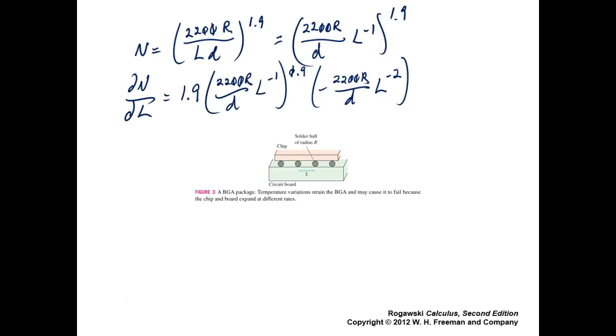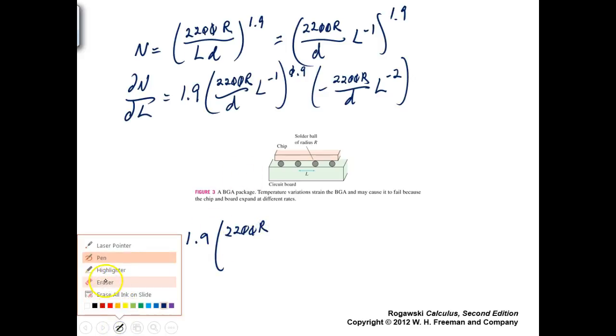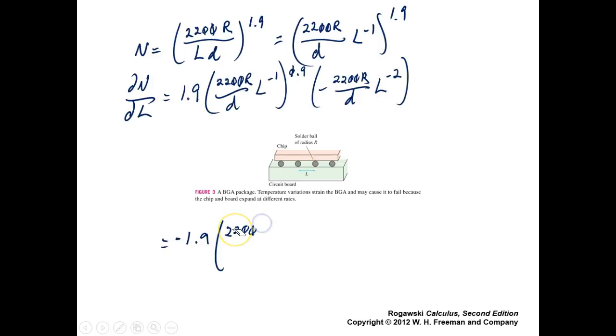All right, now, I don't know if you like this or not, but let's do it this way. I'm going to pull out the minus sign because I'm afraid I'm going to forget about it otherwise. Minus 1.9 times 2200R. Okay, I'm going to substitute in our values here. No reason writing them any longer than I have to.